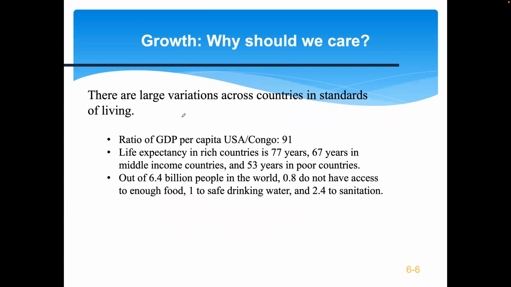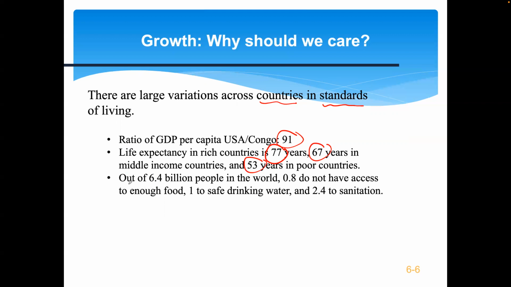Then, like I said, there are also large variations across countries for a given period of time in terms of standard of living. If we look at Congo, an African country, the ratio of GDP per capita of the US versus Congo is more than 90 times. Life expectancy in a rich country these days is around 77 years. It's 67 years in a middle-income country and 53 years in a poor country.